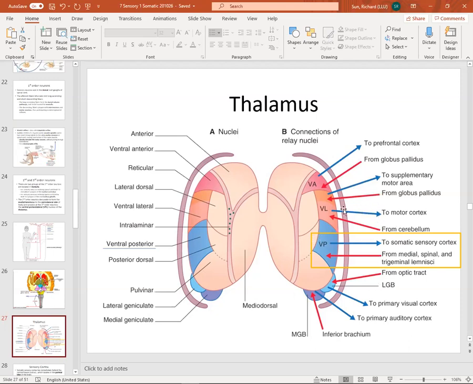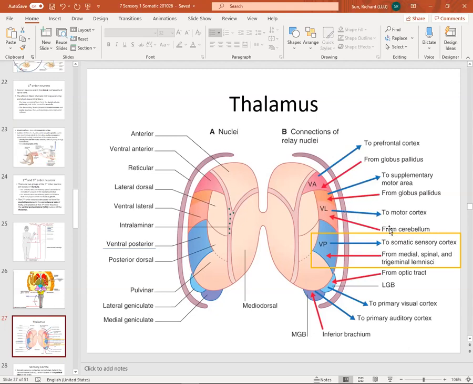So here is the imaging showing you that. What I want you to pay attention to is that, for example, here is the ventral posterior lobe. This one receives everything from the spinal cord, also from the trigeminal nerve and the medial lemniscus. And then it sends signal into the somatic sensory cortex. You can also see that this ventrolateral region receives signal from the cerebellum.